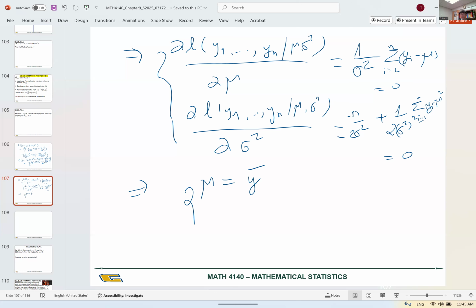And you plug in here, you get your sigma square equal to 1 over n of the sum of yi subtract mu, now because mu equals y bar, so y bar squared, right?